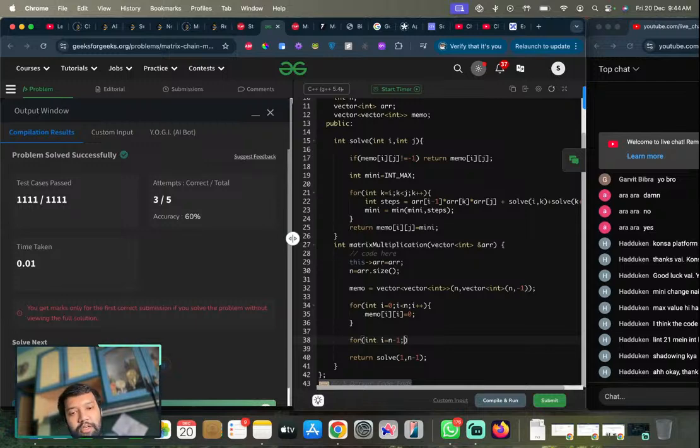Yes. I think it should be n minus 2, but let's see. I greater than 0, I minus minus, and j will start from the start.